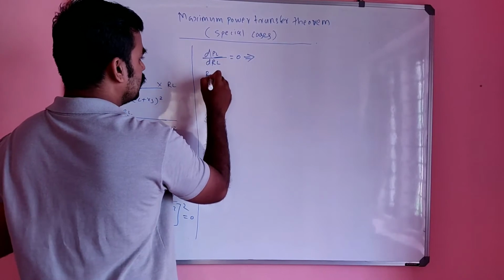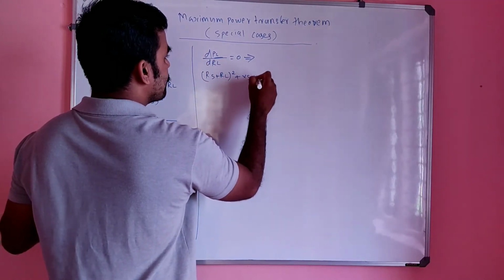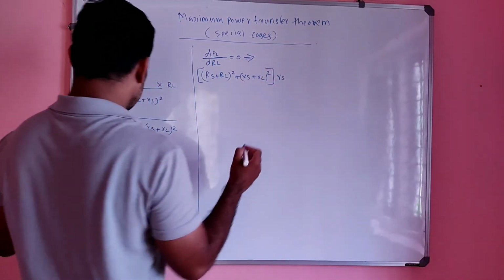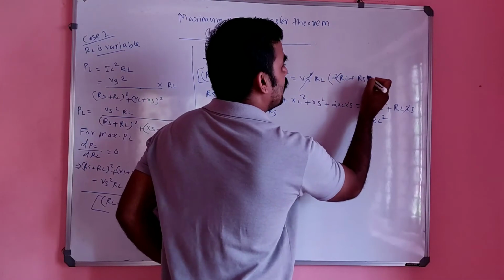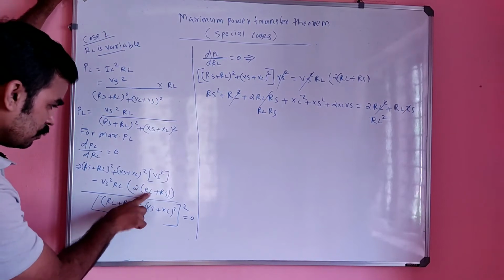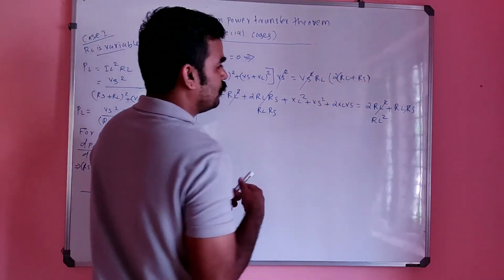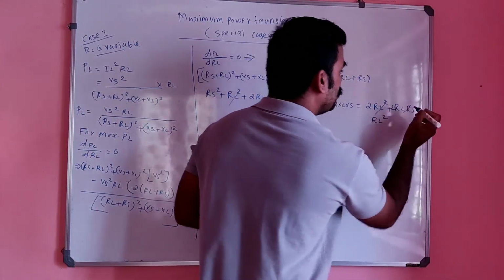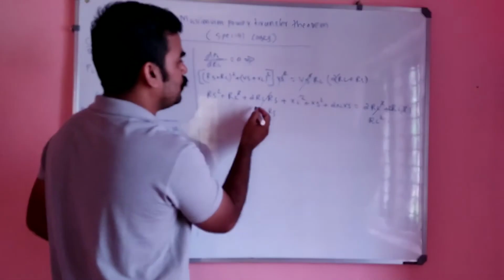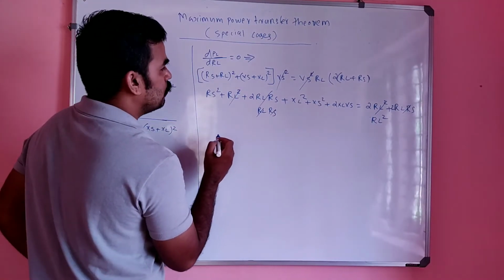It will be Vs square equal to 2 into RL plus Rs, times the remaining term. Expanding, we get 2 RL squared and 2 RL Rs on one side, and 2 RL Rs cancels, and the remaining term is the square.